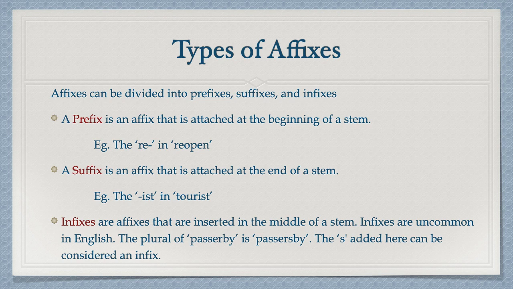For example, in the word reopen, it is re plus open. Open is the free morpheme. It is also the stem to which we attach the affix re. And because re comes in the beginning of the word, it is attached at the beginning of the stem open. This re in reopen is a prefix.